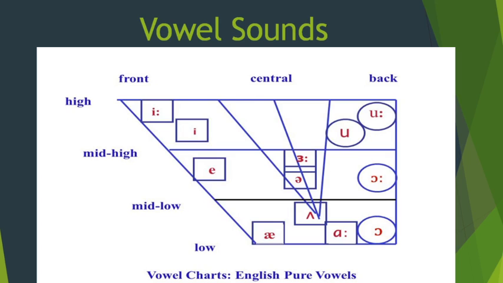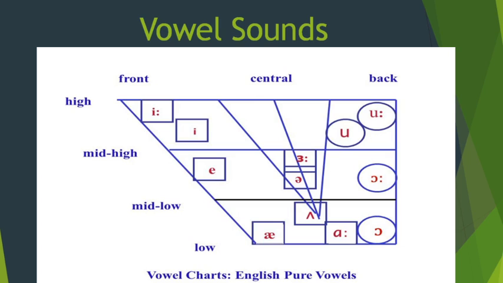If the vowel is produced from the central part, it is called a central vowel. If the vowel is produced from the back, it is called a back vowel. Now tell me, how many front vowels are there? 1, 2, 3, 4 front vowels are there. How many central vowels are there? 1, 2, 3. 3 central vowels are there, and the remaining 5 are back vowels.